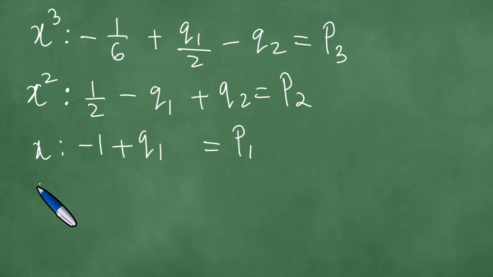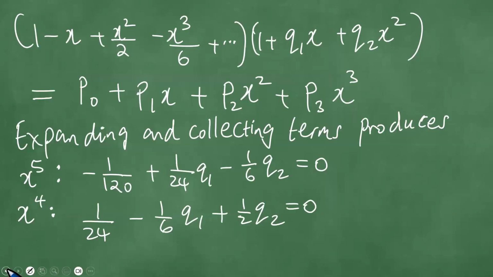Now there is x to the 0th power. All right, x to the 0th power, the constants, so it's 1 by 1, which is 1. Then there's no other constant that's going to arise. So it's just the number 1, and that must be equal to p naught.